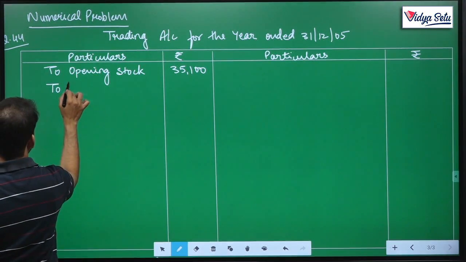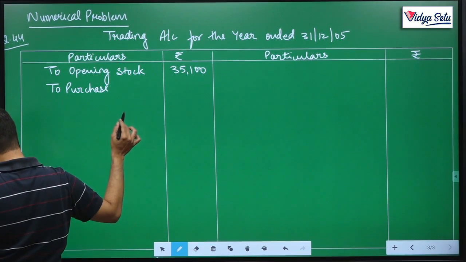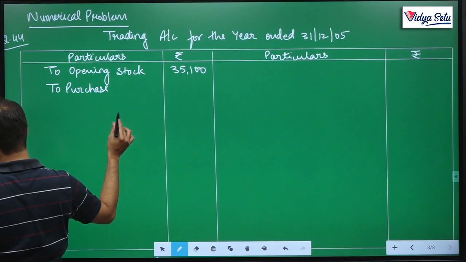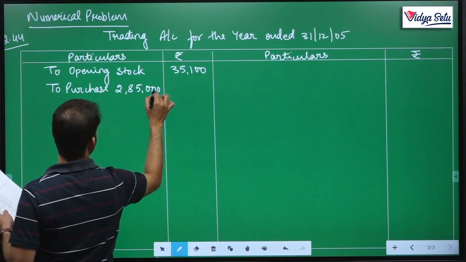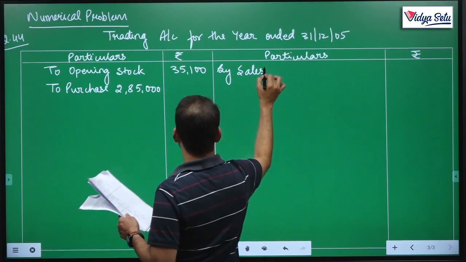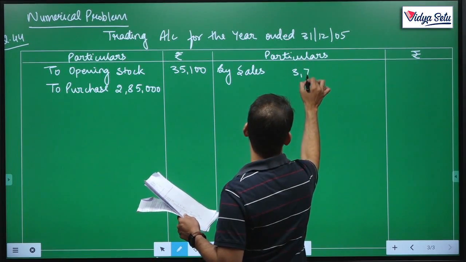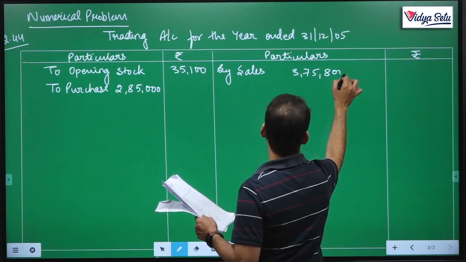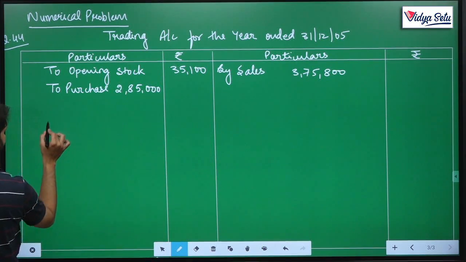Then we have purchase and sales. It also has returns, so I'll leave a line for purchase. How much is the purchase? The debit amount 2,85,000. It has sales. The amount is 3,75,800.